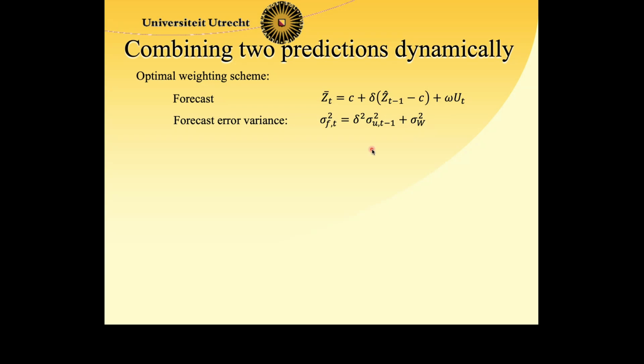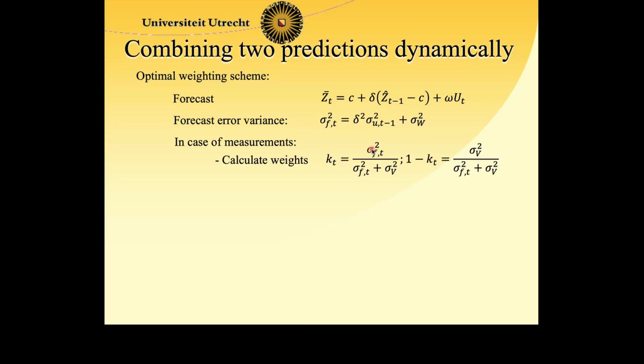Now, suppose that at time t we have an observation. Then we can calculate the weight in a similar fashion as we showed before, because we have two types of information. We have measurements at time t, and we have this time update, Z_t. And what are the weights?